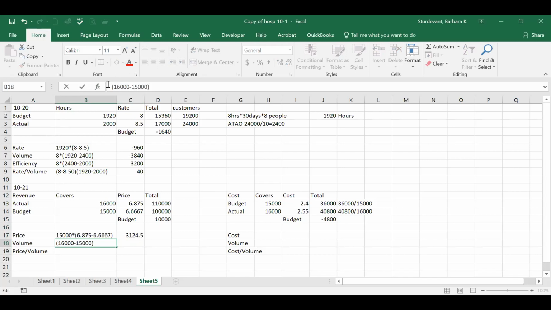And then multiplied by your budgeted other, which in this case is price. Again, that's a good one. And then we just bring down the parentheses.